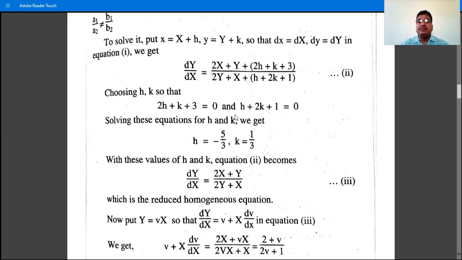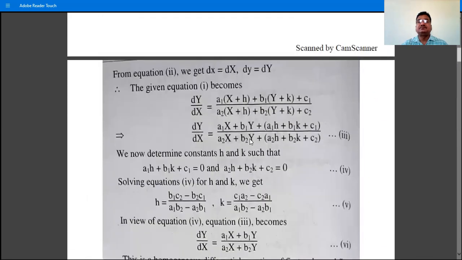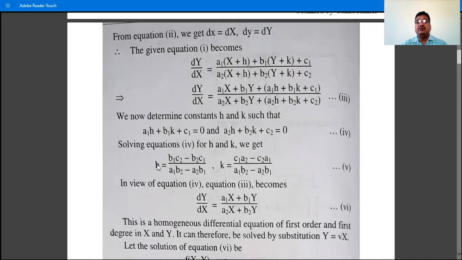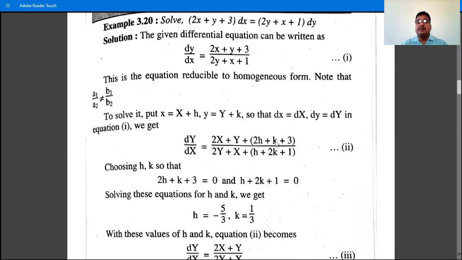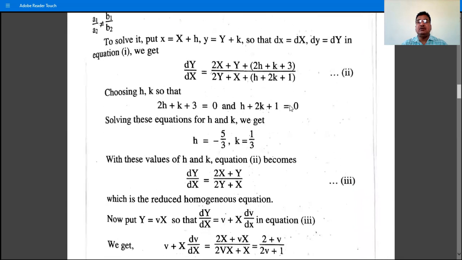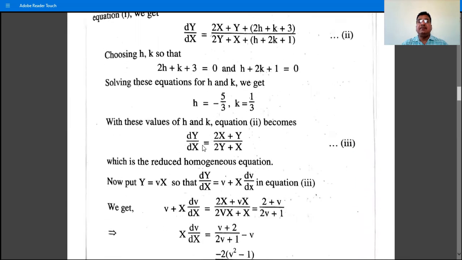After substituting, we collect the X, Y terms and the remaining terms in one bracket, take this bracket as 0 and find the values of h and k. And then the second equation becomes dY by dX is equal to (2X plus Y) divided by (2Y plus X).